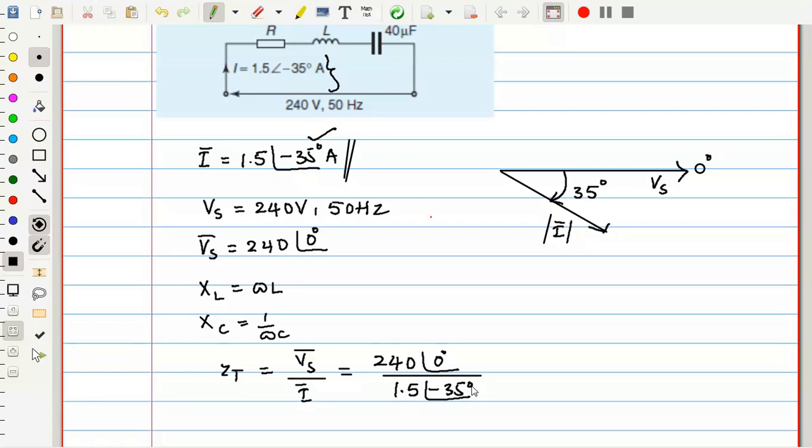How much is this? Somebody can give me the answer. 240 divided by 1.5 at an angle of, yeah, so 160 at an angle of 35 degrees.